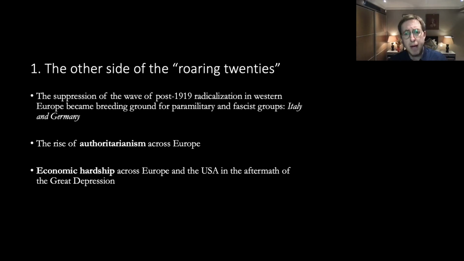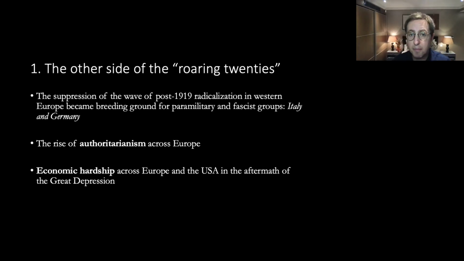We need to bear in mind here that, remember, in a previous lecture I talked about a wave of radicalization that cuts across the European metropolitan centers right before the end of the First World War. It also empowers the revolutionary transformation in Russia.